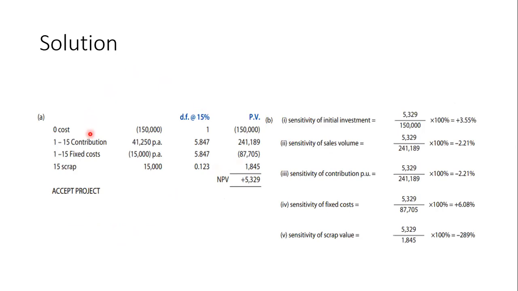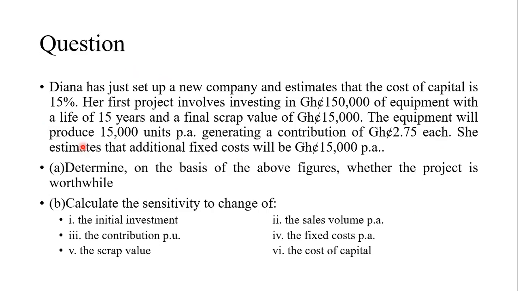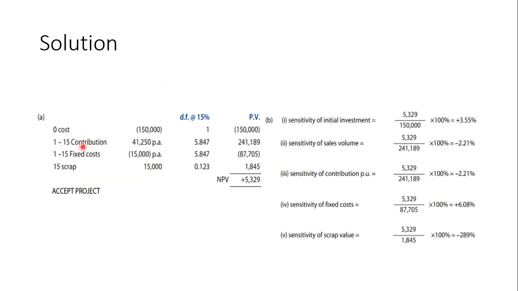We have an initial capital outlay of 150,000, which is happening in year 0. And year 1 to year 15. This is a 15-year investment. It's going to take 15 years.